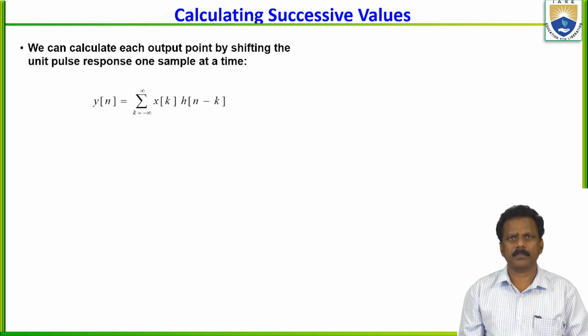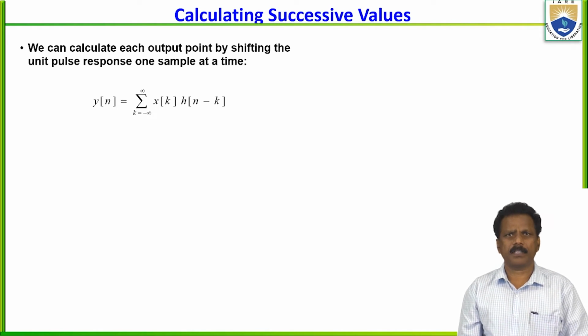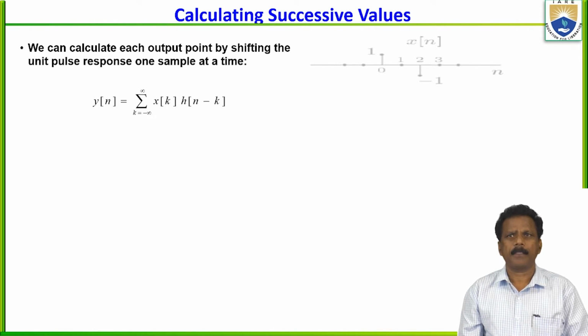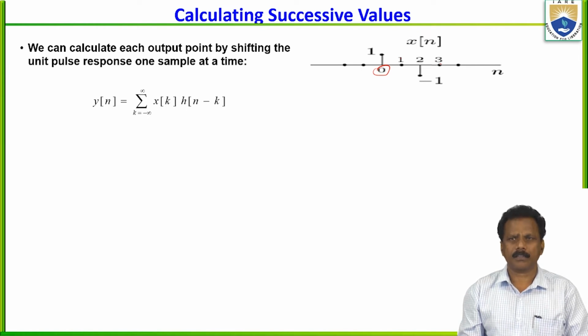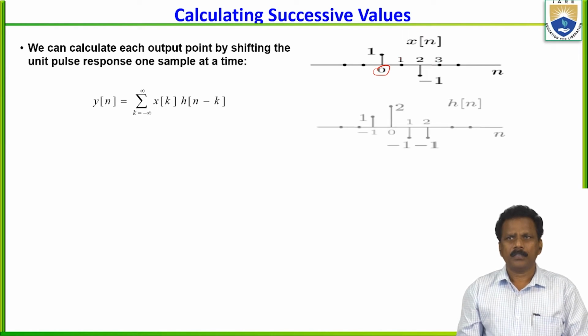We can easily calculate each output point by shifting the unit pulse response one sample at a time, like this, where n takes the values 0, 1, 2, 3, and so on, where x of n, and h of n, try to observe this.